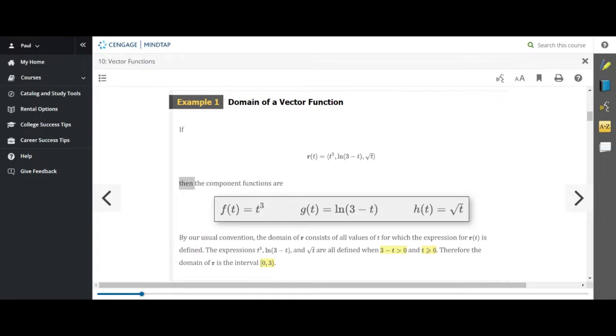Let me see if I can help you feel comfortable with that. So we agree that for this example 1, the vector function would be defined if 3 minus t is greater than 0 and t is greater than or equal to 0.